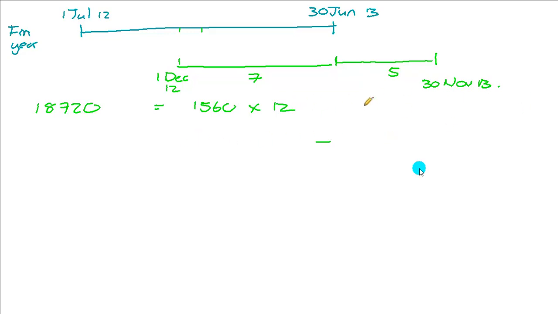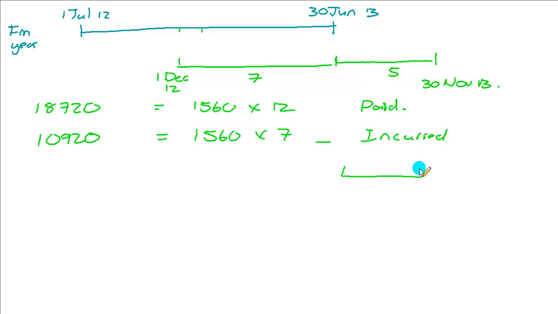So this was the paid portion here. The amount that was actually incurred is only these 7 months, which is 1560 times 7, which is 10,920. So the adjustment we need to make is for these 5 months here. The paid portion was the full 12 months, right?